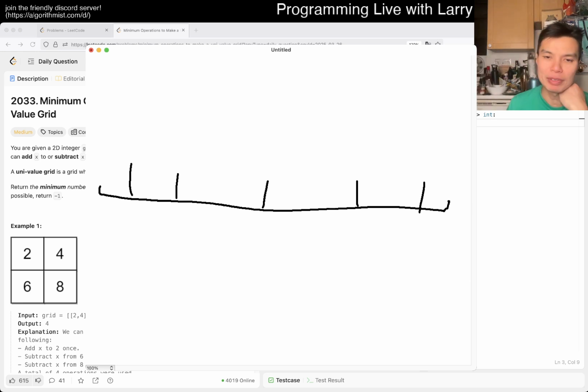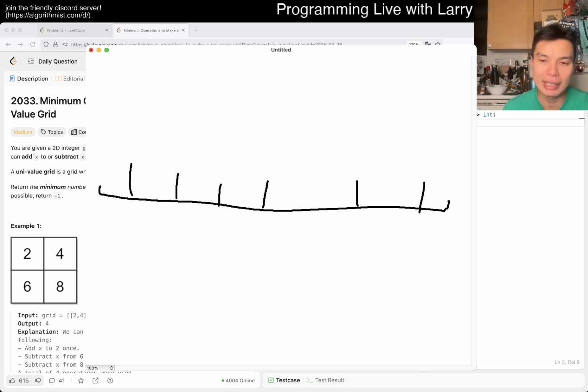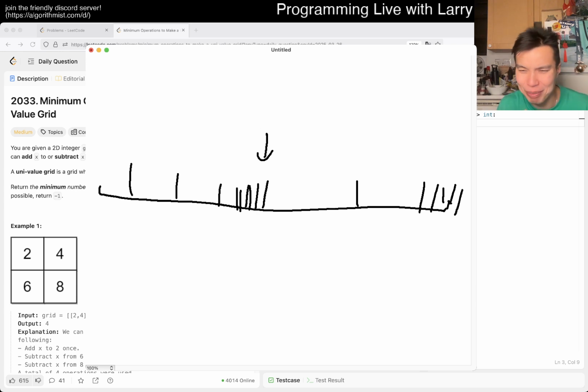For the purpose of this problem, let's say we already sorted the numbers, and we already mod every number by x, and they're the same. Then it is possible. Then from that, we just choose the number in the middle. Keep in mind that this is the median, not an average. You could have numbers that are very close or very far, and it doesn't really matter as long as it's the median. I didn't count, so pretend that's the median.